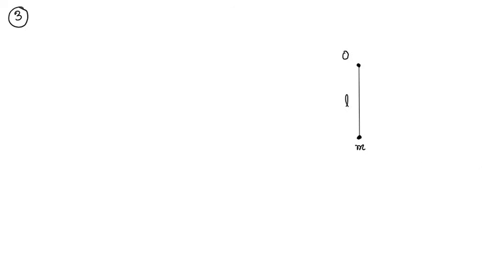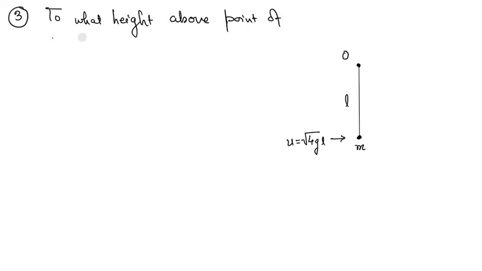And if the bob is given some velocity, let's say the initial velocity of this bob is under root of 4gL, then my question is the following. To what height above the point of suspension will the bob rise?